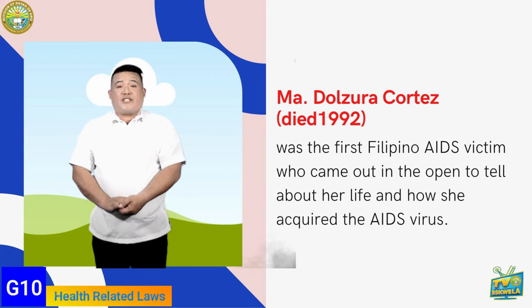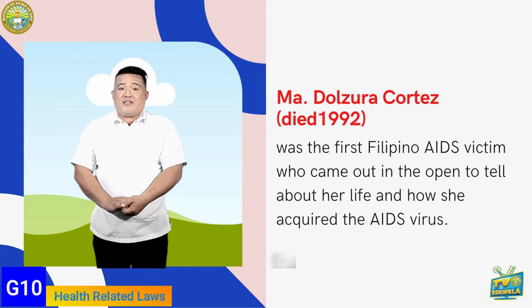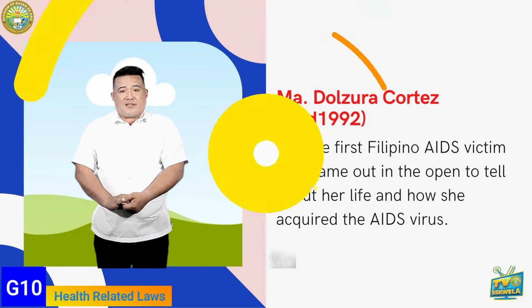Maria Dulzura Cortez, who died in 1992, was the first Filipino AIDS victim who came out in the open to tell about her life and how she acquired the AIDS virus.